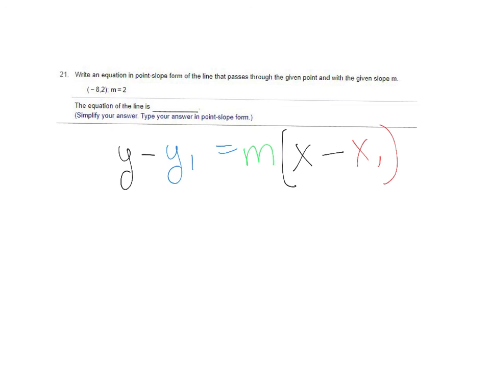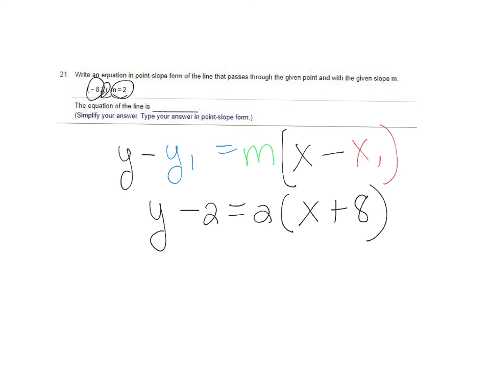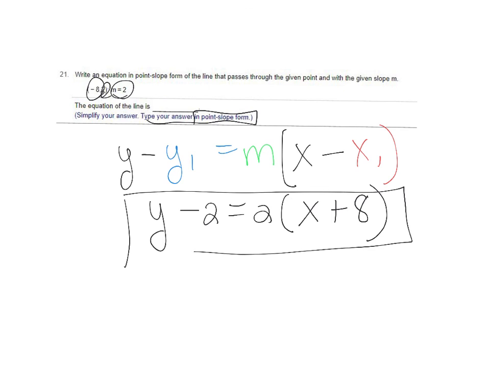And so when I go to do the equation here, I'm going to have y minus, the y value is 2, equals, my slope is 2, and then x minus a -8, change that into a +8. And it told me that I can leave my answer in point slope form, and so therefore this is my answer.